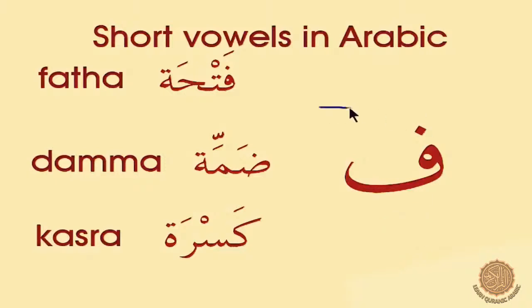So let's assume that this is the line where we write. The fatha would be on top of the letter. Dhamma would be on top as well. And kasra would be on the bottom. So fatha, dhamma, kasra. So that's just the terminology, and inshallah we'll find out how they're actually pronounced.